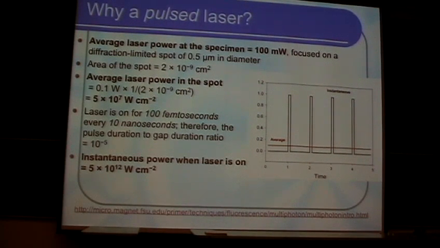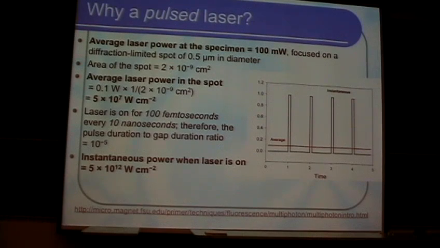And because this laser is on for 100 femtoseconds, therefore the pulse duration to gap duration ratio is of the order of 10 to the power minus 5, and this gives us instantaneous laser power when the laser is on of the order of 10 to the power 12 watt per centimeter squared.